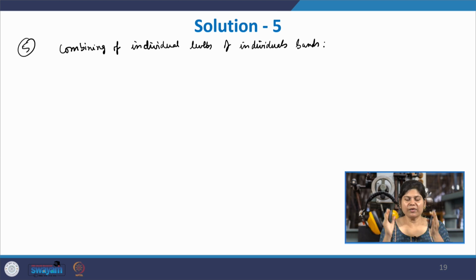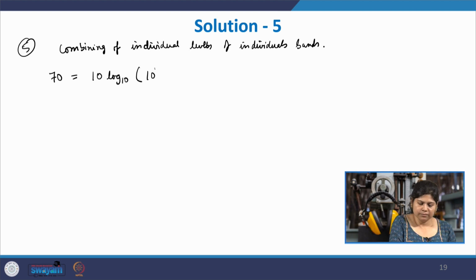We are trying to combine the levels at the individual frequency bands to get the total L equivalent. So, here the total L equivalent is given by the sum of the terms, and so on till whatever levels you are trying to combine.